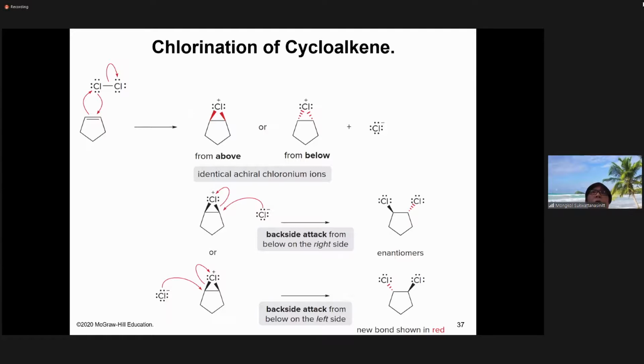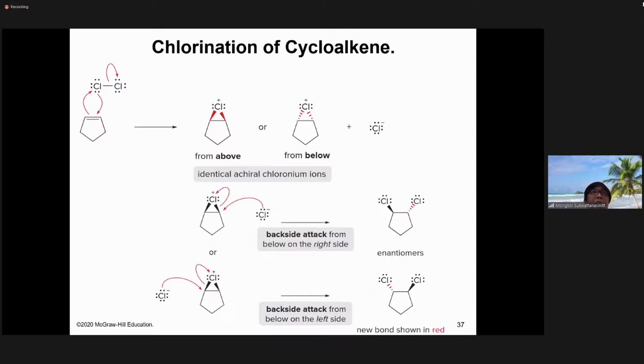So you can tell whether it's anti or syn addition by looking at the type of product you get. If you get two products which are a racemic mixture, then you can tell it is an anti-addition. But if you get the meso compound, which is a single compound, then it is a syn addition.